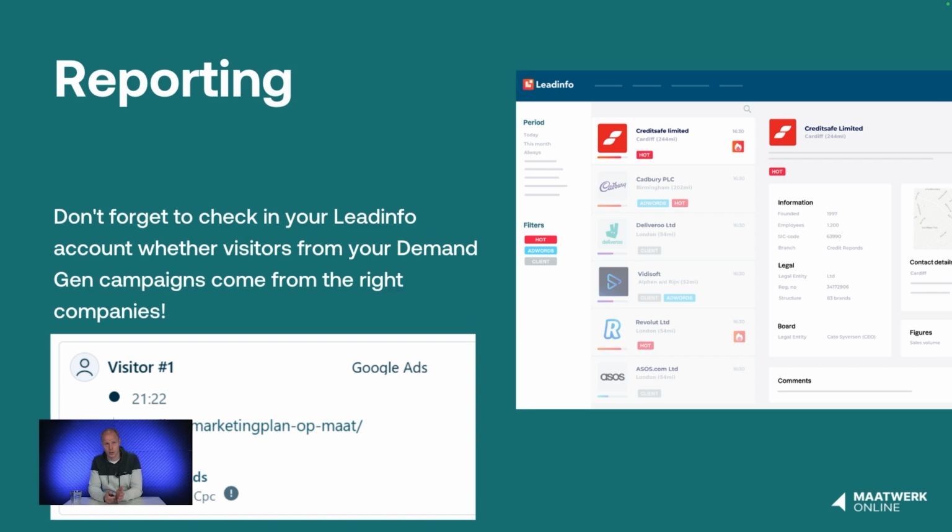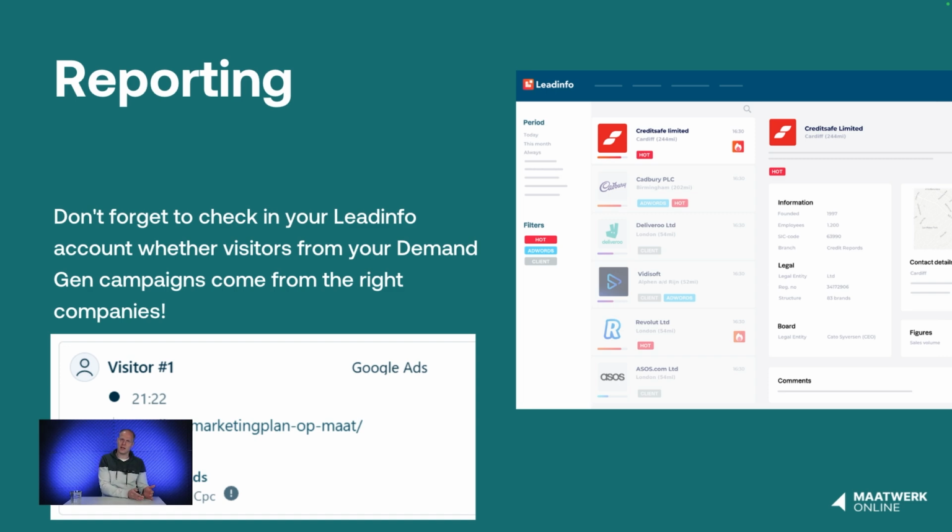If you are using your demand gen campaigns for your B2B targeting, you should have a look at the Leadinfo possibilities. Because, as I mentioned before, within the LinkedIn advertising interface you have the possibility to see which companies, which job roles, which job functions have had some interaction with your ads, but you don't have that information in your Google Ads account.